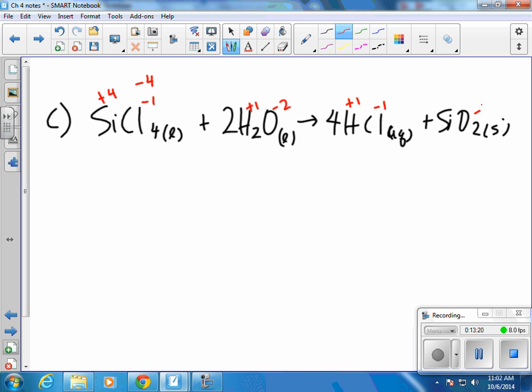I know oxygen is -2, so silicon is +4. So if I look at everything, nothing's changing. Silicon is +4 here, it's +4 over here. Nothing is changing. Hydrogen +1, +1, oxygen -2, -2, chlorine -1, -1. This is not a redox.